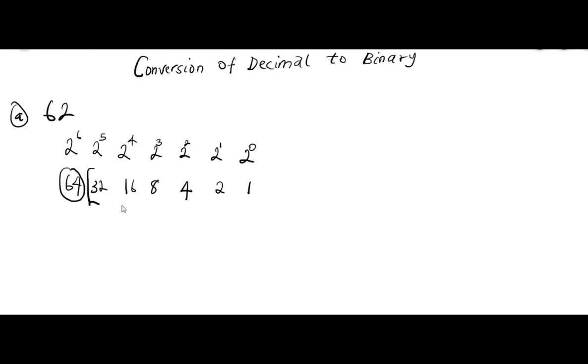The next step is you need to add these numbers in a way that they will give you 62. You combine them so that they give you 62.